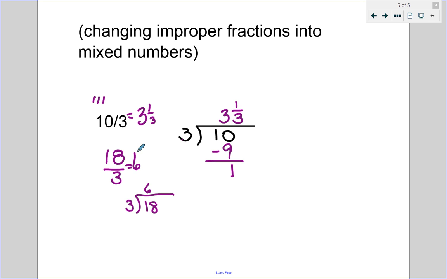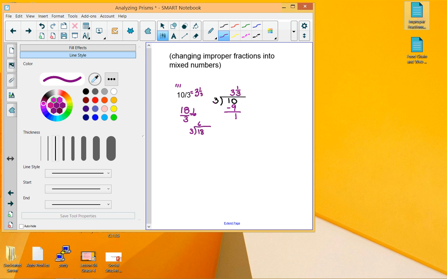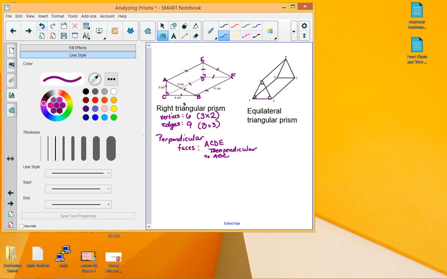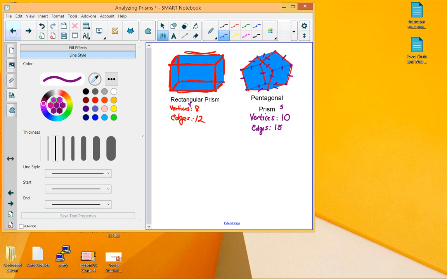Okay, so it's going to be the same answer, but that's just 2 different methods of finding that mixed number that you want to find. All right, hopefully it was okay with the whole prisms and things, the vertices and that are in your book, and the same with the edges, they're in your book.